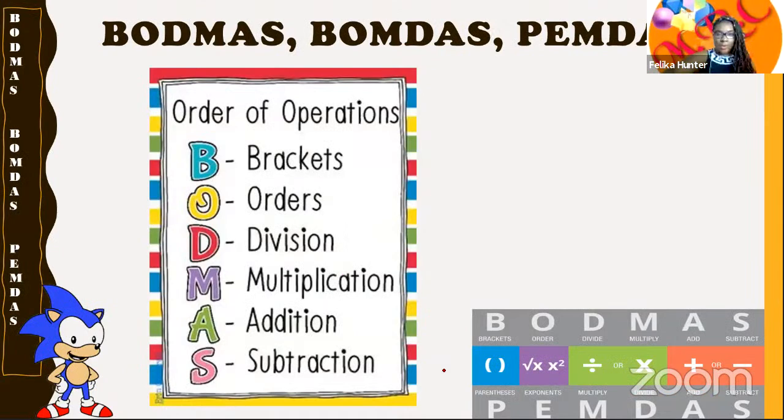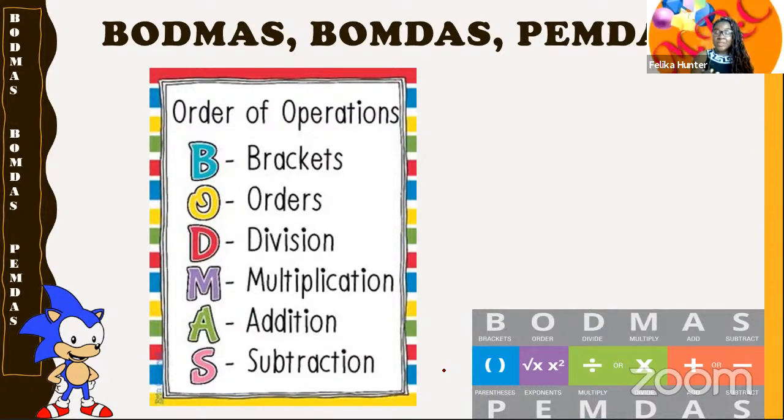Depending on which one you're using, you might see the D coming before the M or the M coming before the D. However, I want you to understand that we do multiplication or division depending on which one comes first.